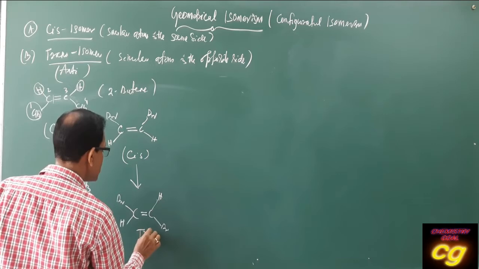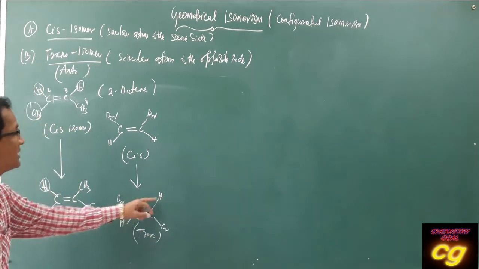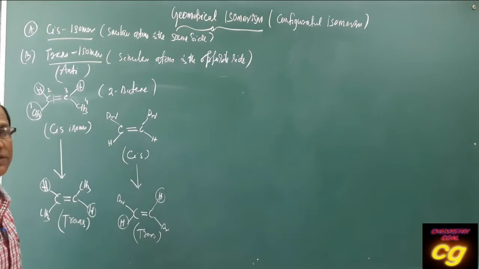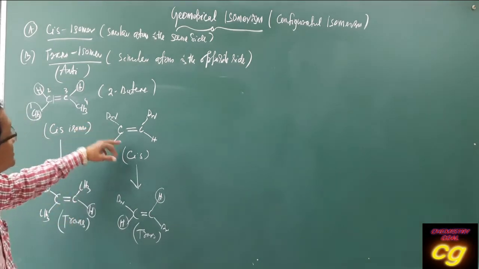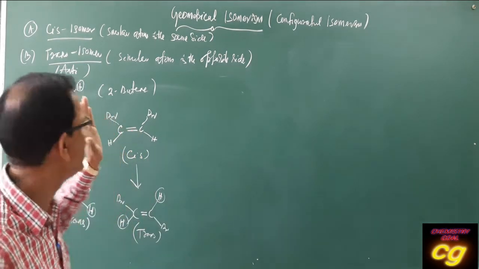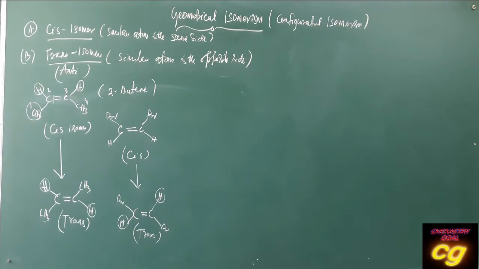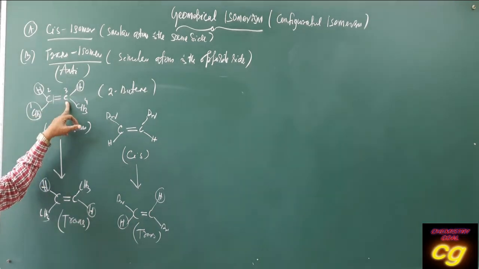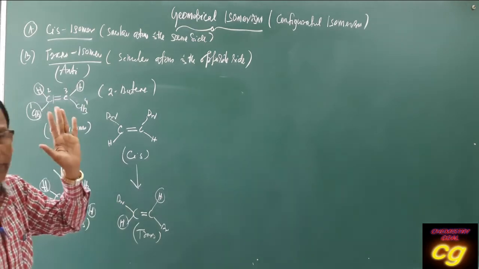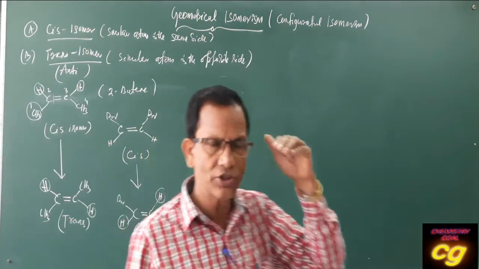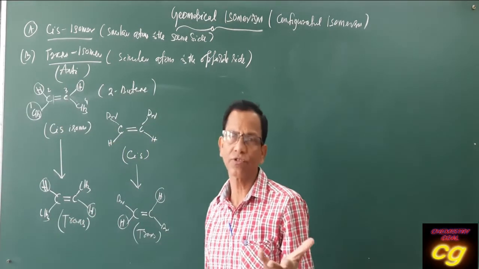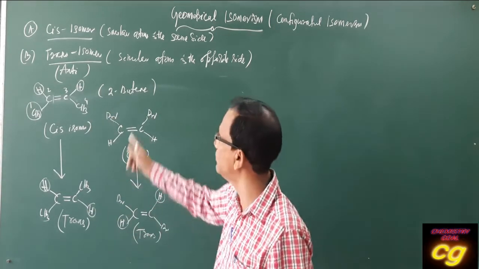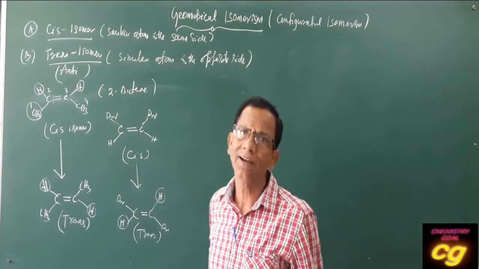So it is trans, with the H's on opposite sides. And this is cis. When atoms and groups are attached to the double bond, if you consider the arrangement of similar atoms across the carbon-carbon double bond, then you can tell which is cis and which is trans.